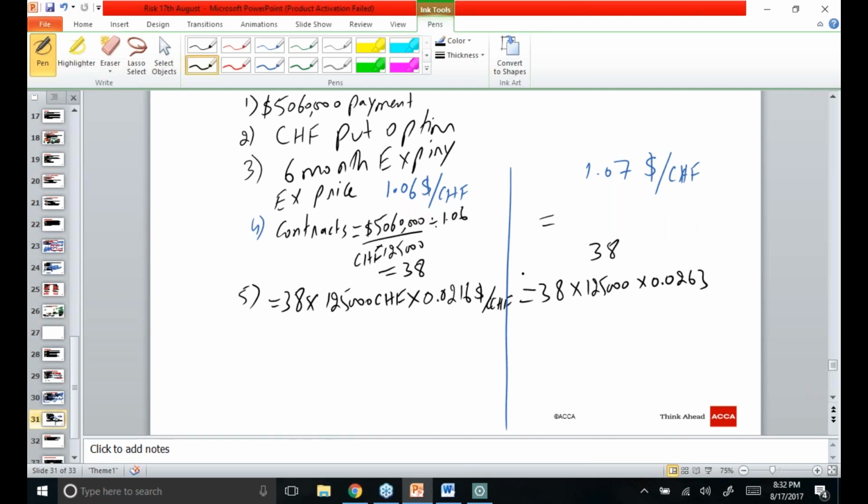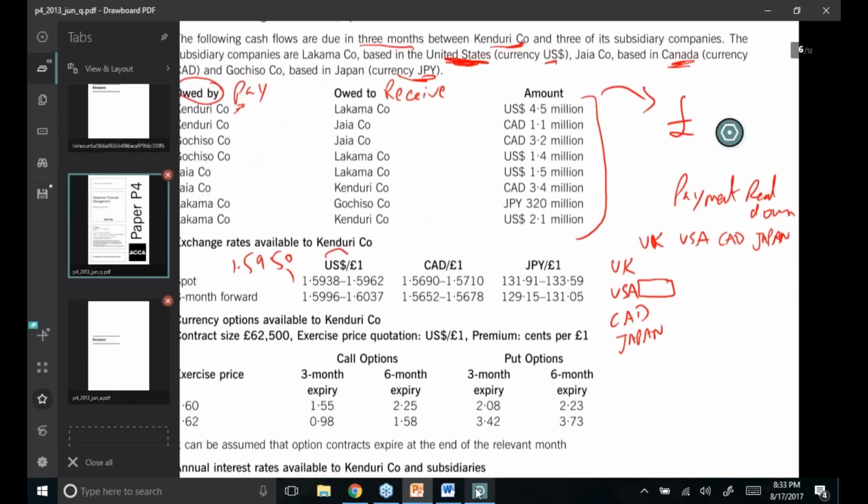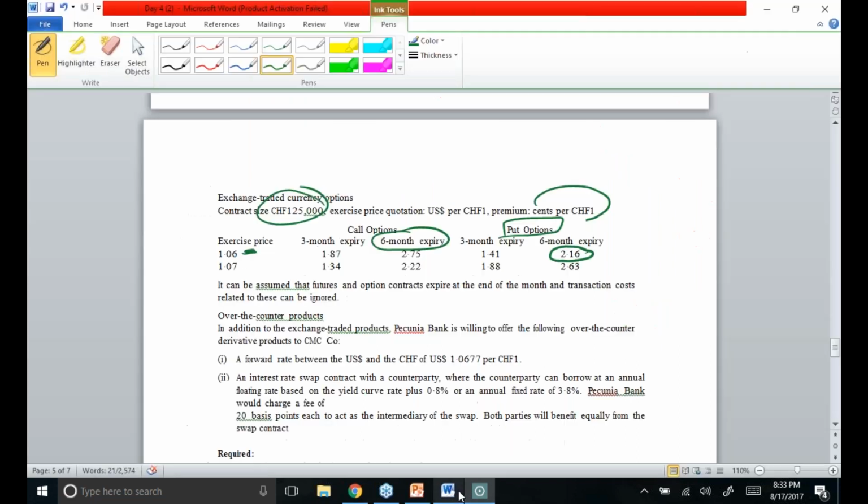So the answer will be 38 times 125,000 times 0.0216. Okay, and this will be, but this is in dollars. We need to convert it into our home currency, that is CHF. Let's go back to the question.